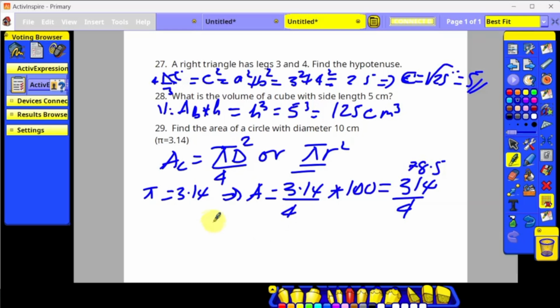Yeah, the answer is 78.5 square centimeters.